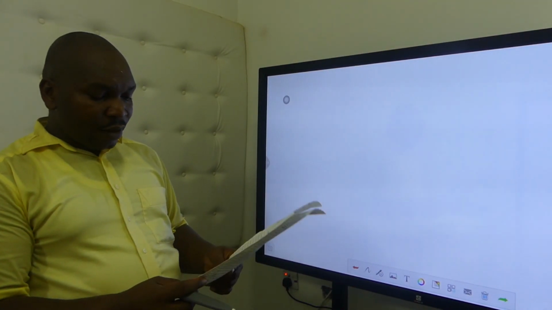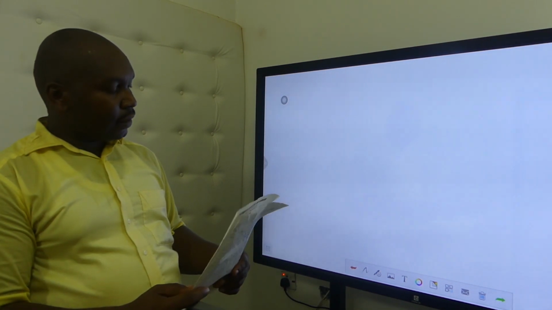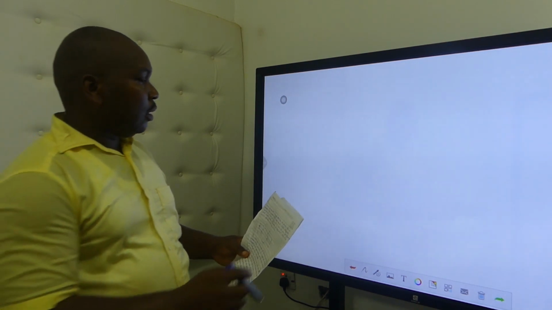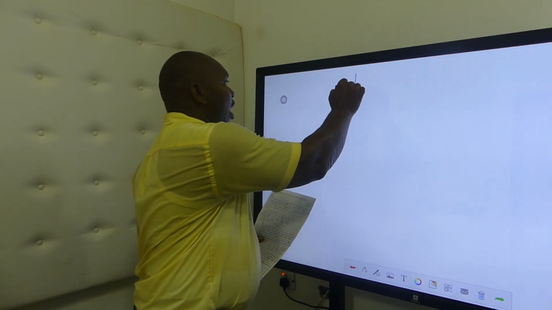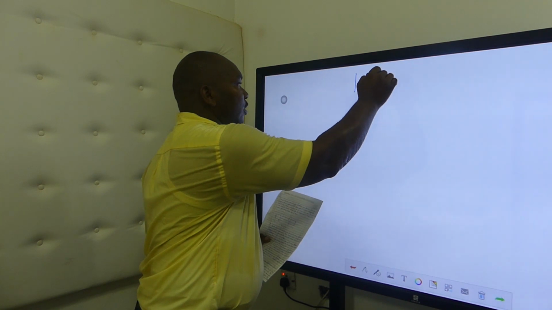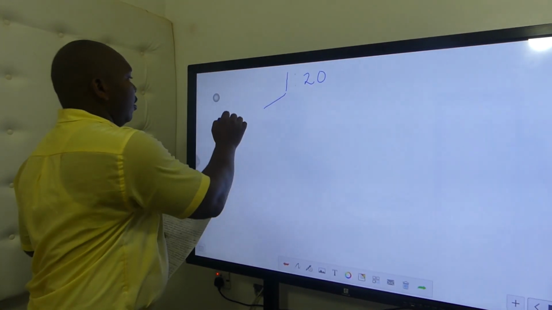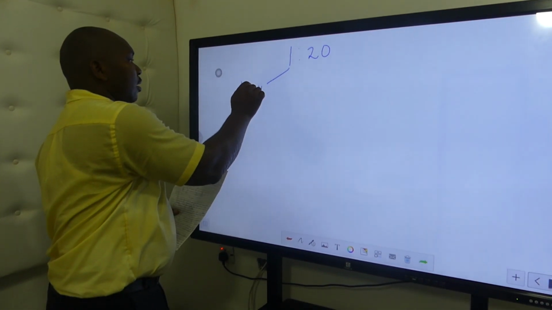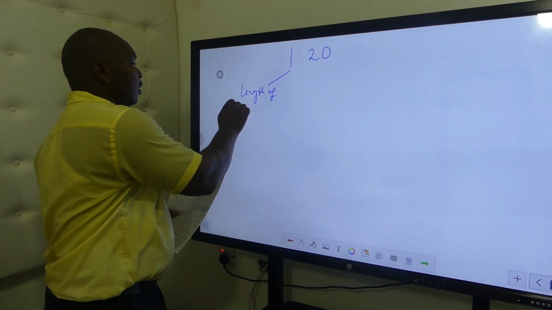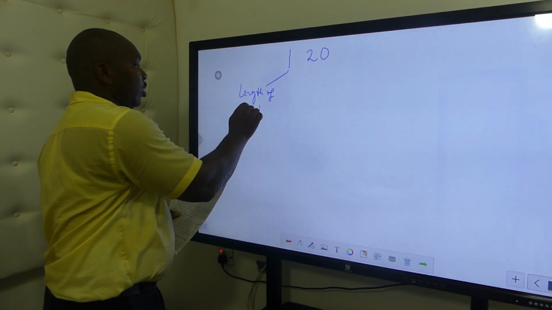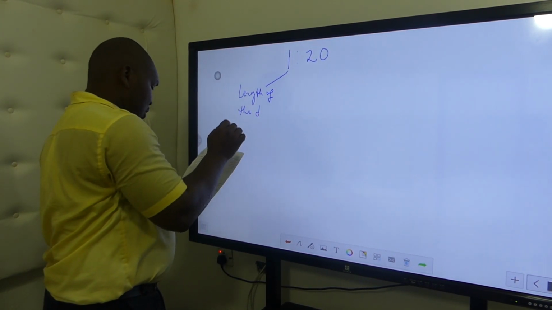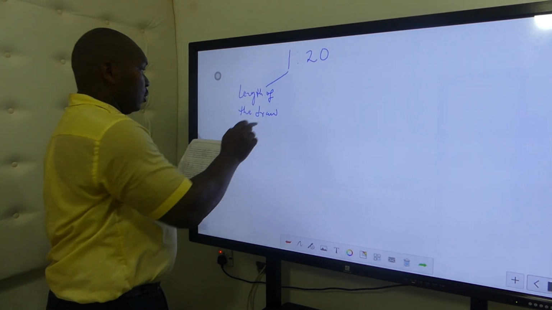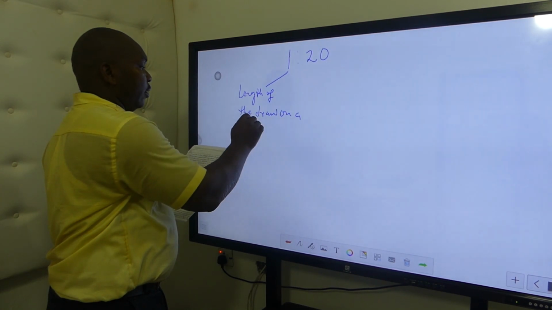Notice that the first number always refers to the length of the drawing on a paper. Like I say, 1 is to 20. This number refers to the length of the drawing on a paper.